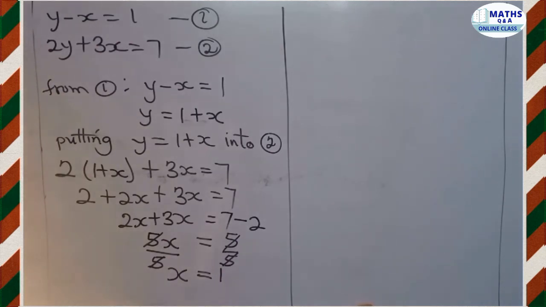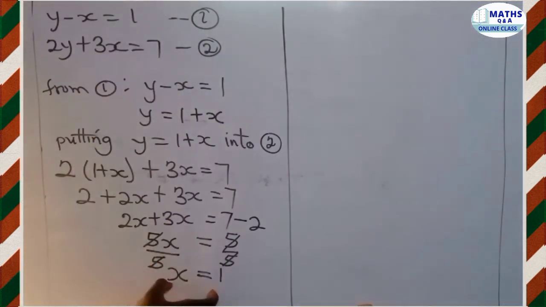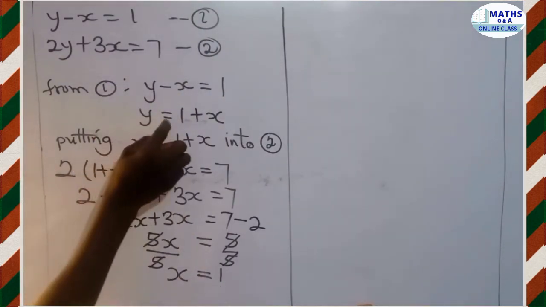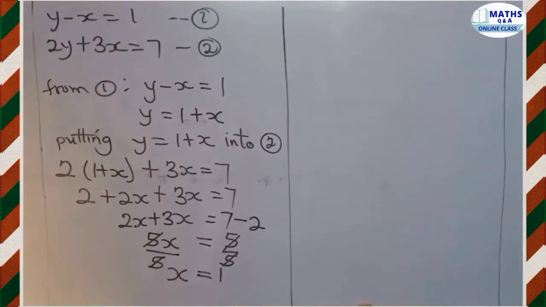Now that we've been able to find the value for x in the given equations, we can put x equal to 1 into any of the equations. You can put it into this equation, this equation, or this equation. Any of the equations that you put it into will result in the same answer. It will help you to find y.